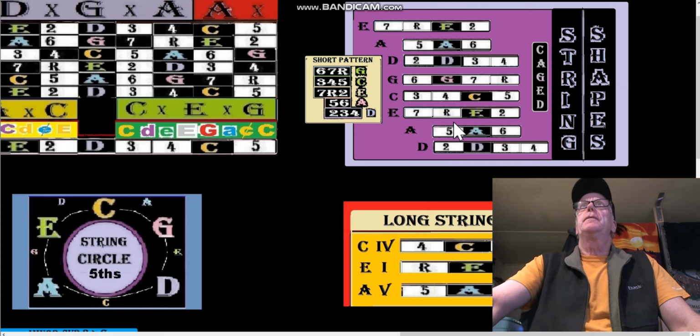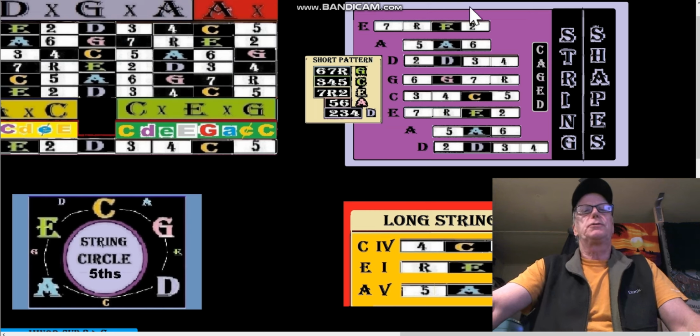The string shapes are going to follow the circle as you go up: C, G, D, A, E, and then to C again. The top string will be the same string shape as the bottom string. No matter what octave it is, it's the same string shape.